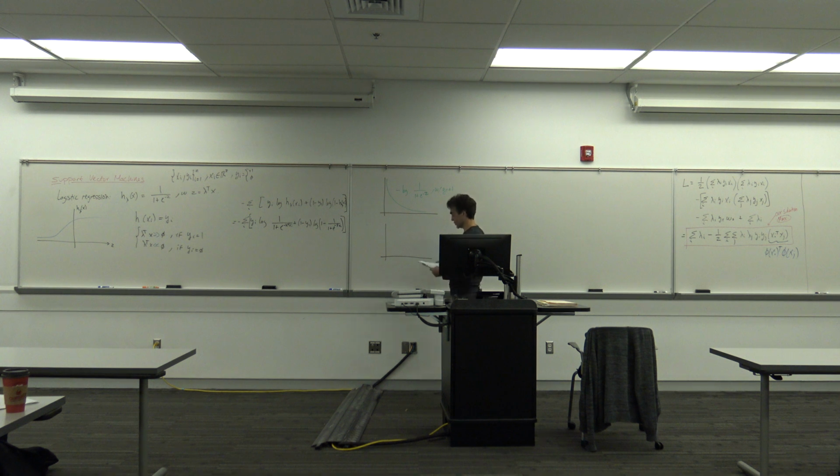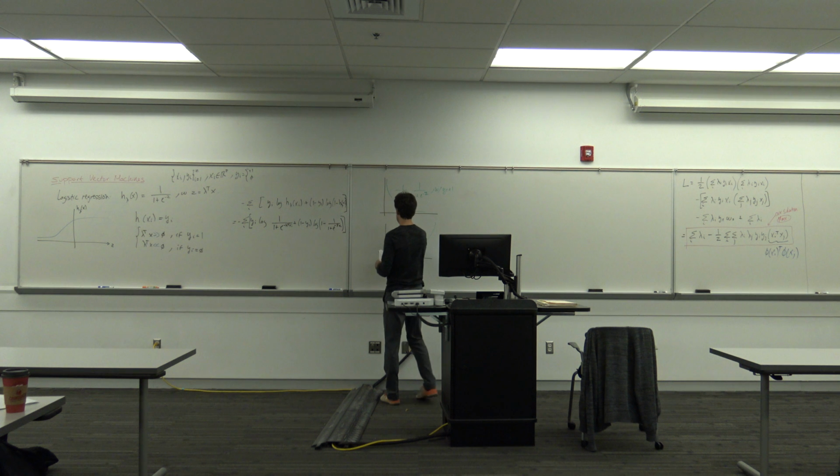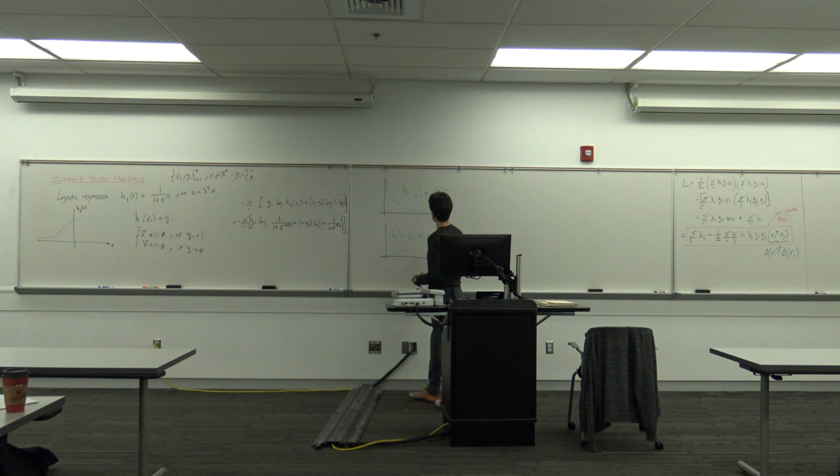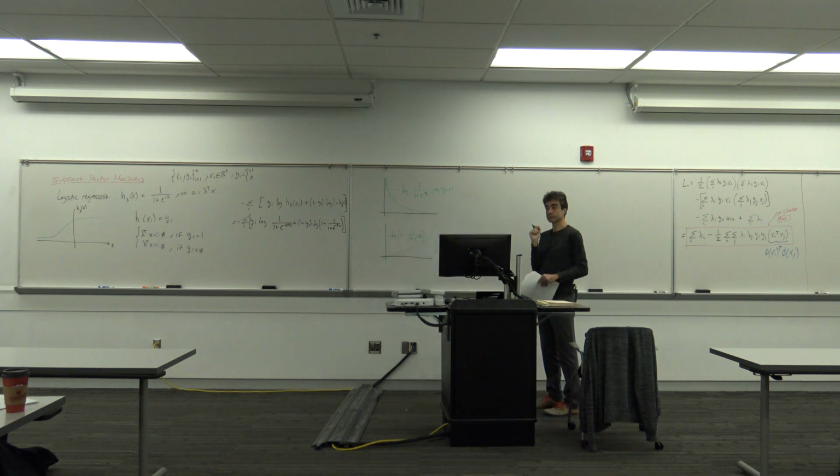Then I have the mirror image, negative the log of 1 minus 1 over 1 plus e to the negative z, where y is equal to 0. That's what we had.